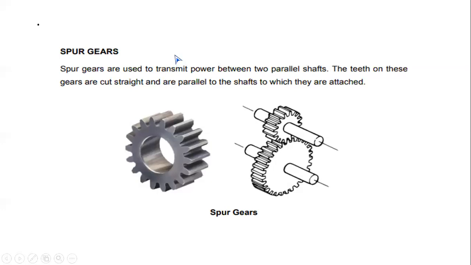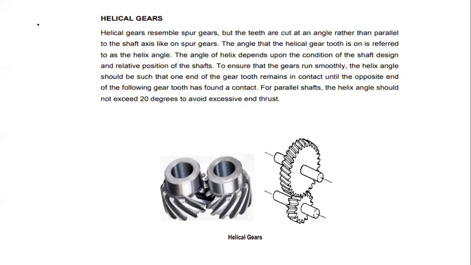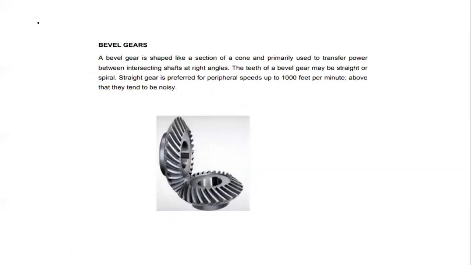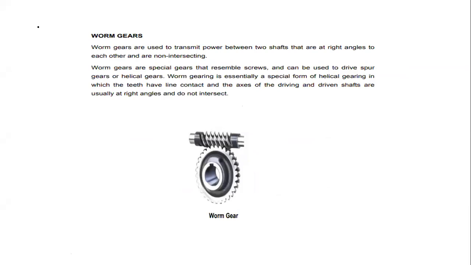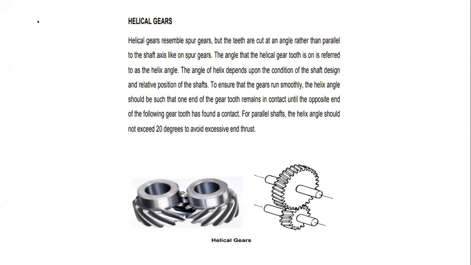For that reason, you can explain any 3 types of gears. One is spur gear. Second, helical gear. Third, bevel gear. Fourth, worm gear. If you remember, you can also write helical gears.